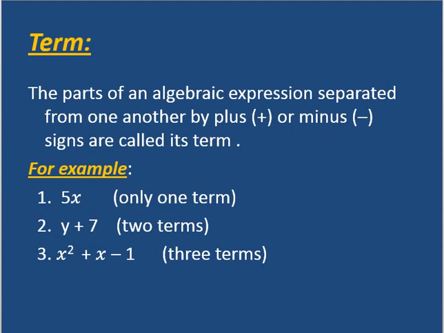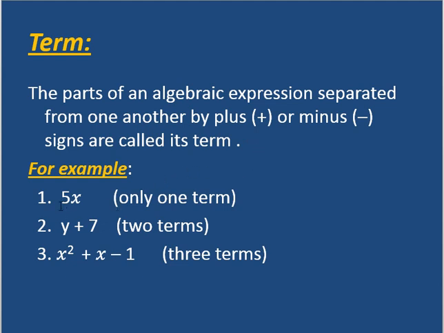Term. The parts of an algebraic expression separated from one another by plus or minus sign are called its terms. It is a part of algebraic expression and it is separated from one another by plus or minus sign.